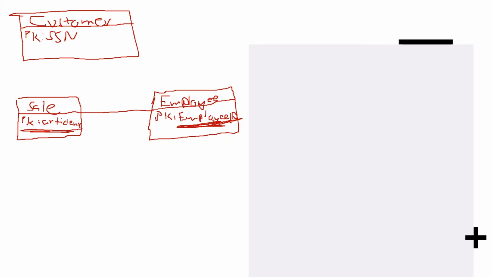So, alright, when you're choosing an entity to create, it's important to go through a few steps in selection. And these are as follows. Apart from the entity being a noun, you'd want to make sure that the entity can be clearly identifiable. So a customer has a social security number as a primary key.